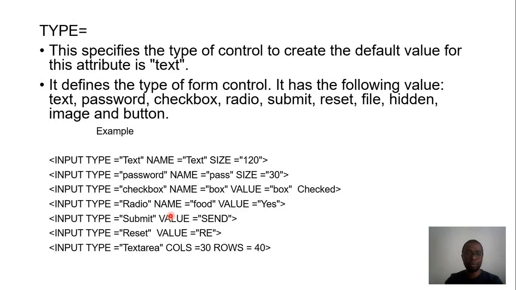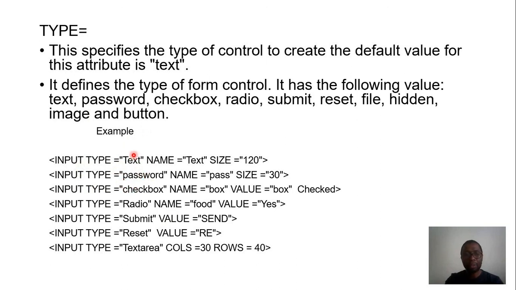Now type also is very important because it helps us specify the type of control that is going to be used on our form. For example, what you see here, the input type, this attribute is text.